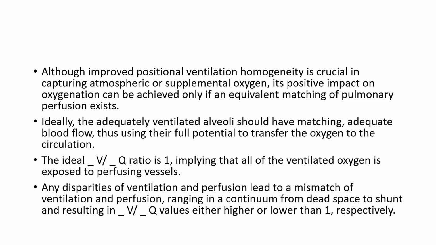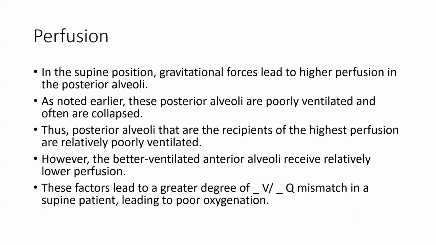The ideal ventilation perfusion ratio is 1, implying that the ventilated oxygen is exposed to the perfusing vessel. If there is any disparity, that leads to a mismatching of this VQ, ventilation and perfusion, which leads to the VQ ratio becoming higher or lower than 1.